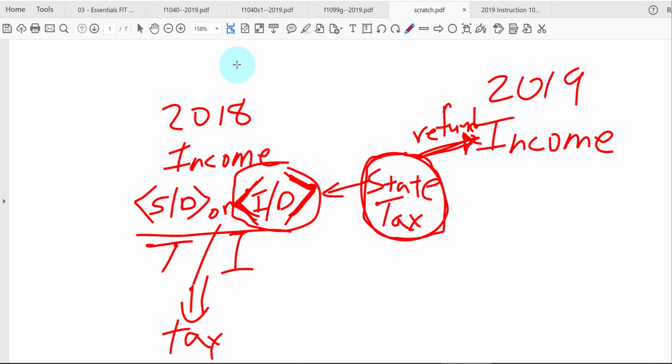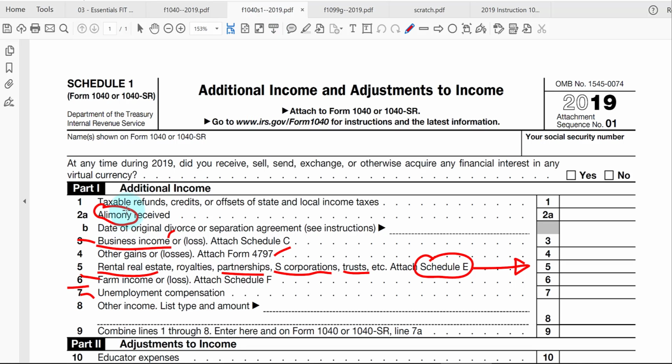Let's take a look at one more income item on Schedule 1. Again, taxable refund income is line 1 here on Schedule 1. So way down here, other income. It could be any kind of prizes you get, an award for doing a good deed, or a common one is gambling winnings.